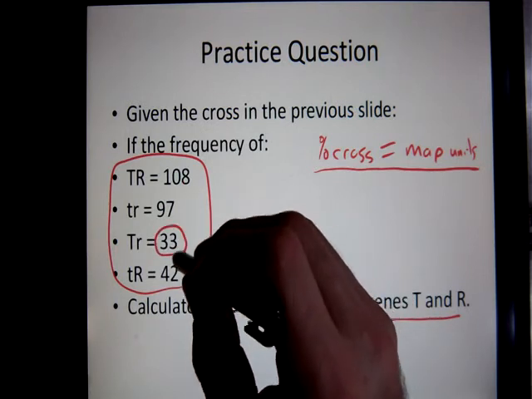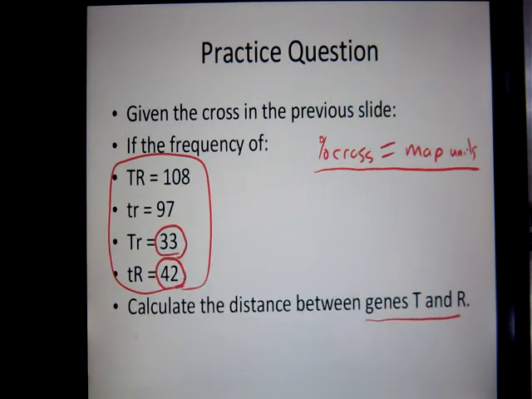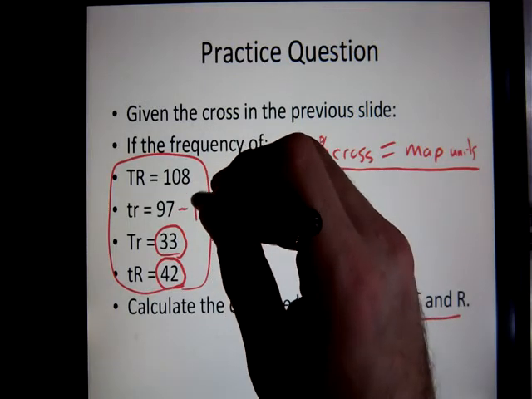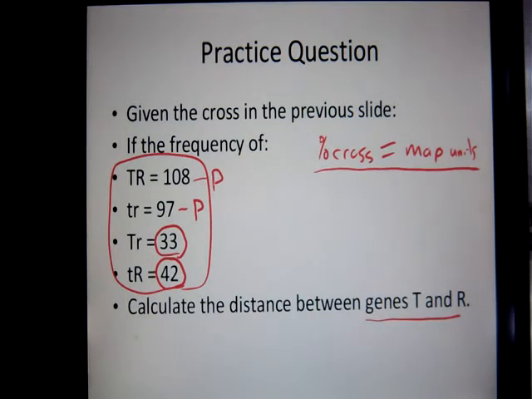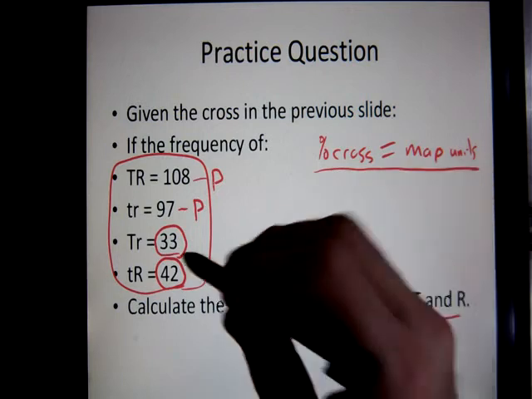So that's a crossover type, and that's a crossover type. And again, that's because crossing over is relatively random. It doesn't always happen. So they're always going to be the smallest numbers, the crossovers. The ones that are not crossovers, we call them parental types. Okay? So I know which ones are the crossovers, 33 and 42.